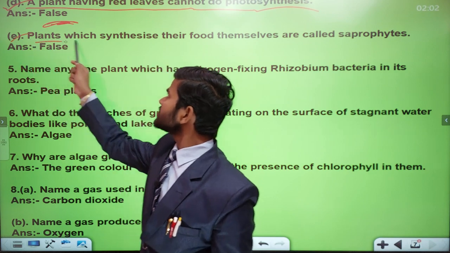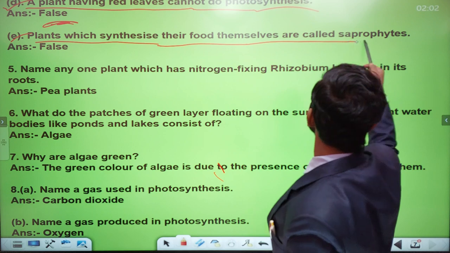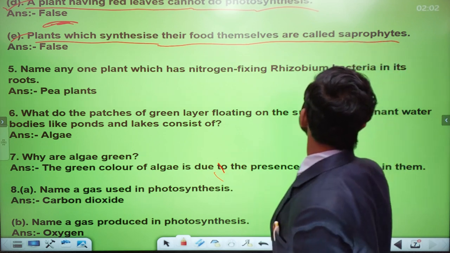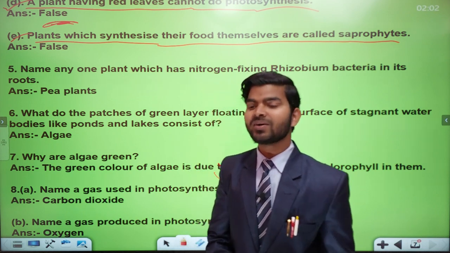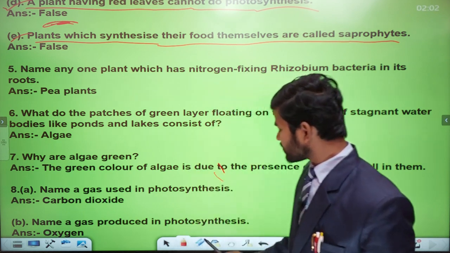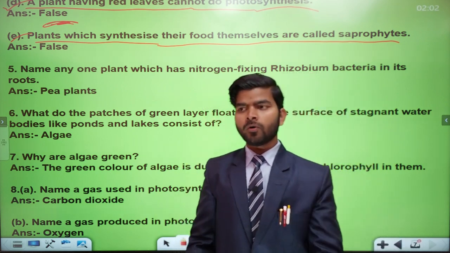Next one: plants which synthesize their food themselves are called saprophytes. No, because I have told you what saprophytes are.